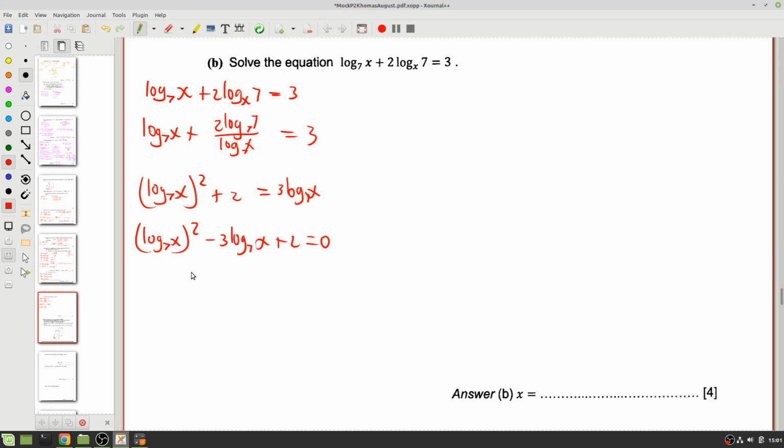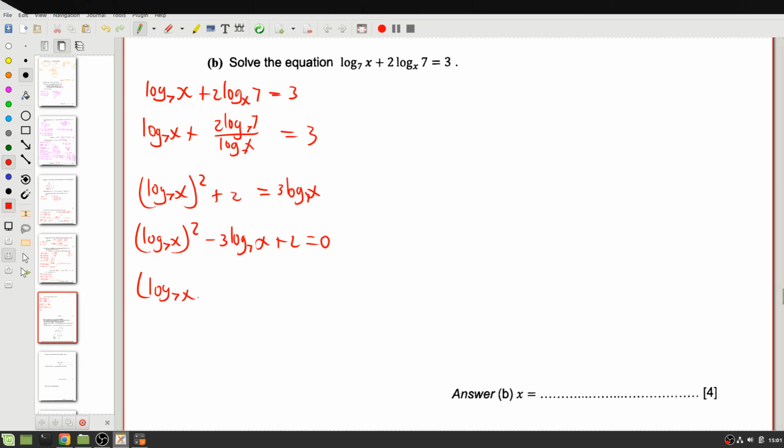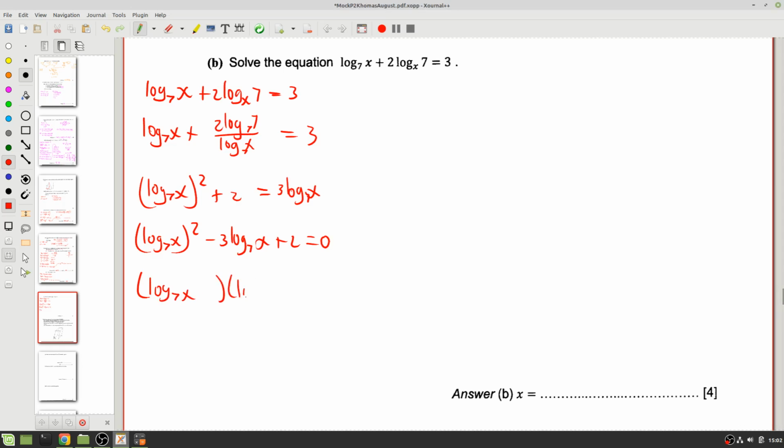So again, we see this is a quadratic trinomial, so we need our 2 brackets. So the first bracket will have log base 7 of x, the second bracket will also have log base 7 of x, and to get to negative 3 we can do negative 2 and negative 1. And negative 2 times negative 1 gives us positive 2, and that's fine, that works out. Okay, so either this bracket is 0 or this bracket is 0.